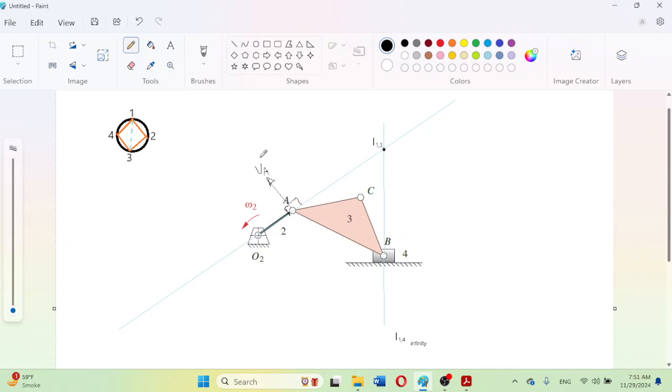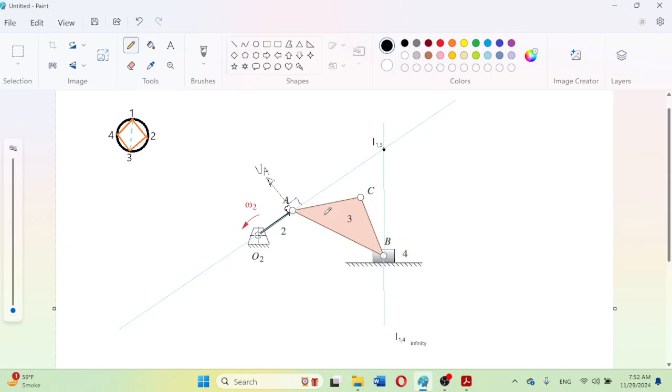Once the magnitude of VA has been found out, that point will be shifted to this link in complex motion, link number 3, and the same point A, which was common, will be moving about this instance center I1,3, because this is the instantaneous center for this link in complex motion. So we will be determining the angular velocity.